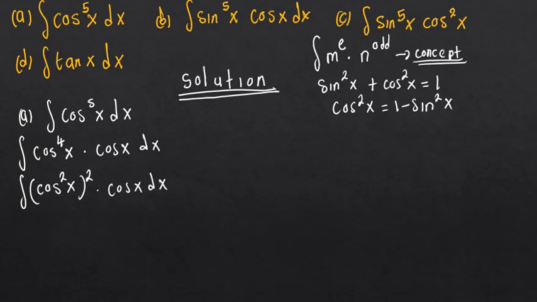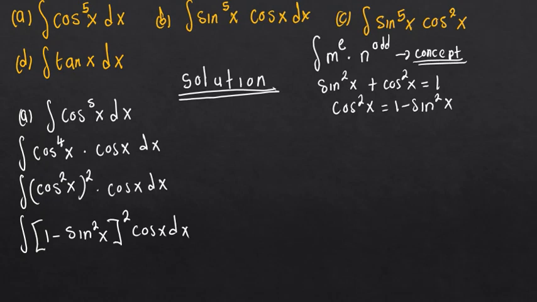So this particular part, everything in the brackets, we can do a replacement. Okay, so this is our replacement: everything to the power 2, then cosine x dx.